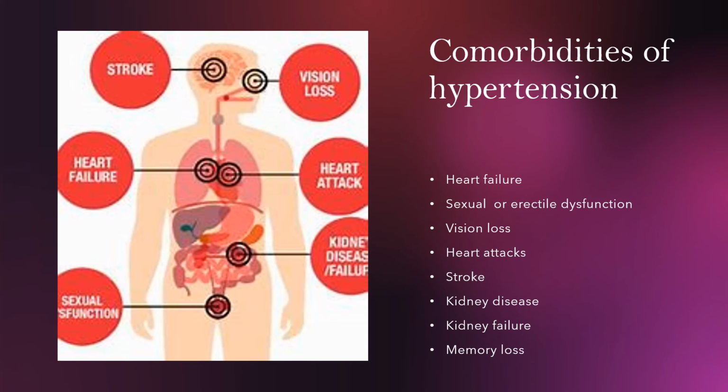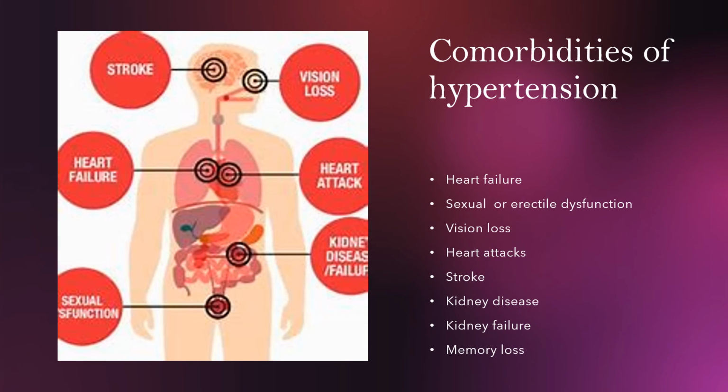With stroke, it mostly happens because the pressure buildup in the brain can cause a rupture of the vessels in the brain, which can cause bleeding in the brain, and that can lead to stroke.